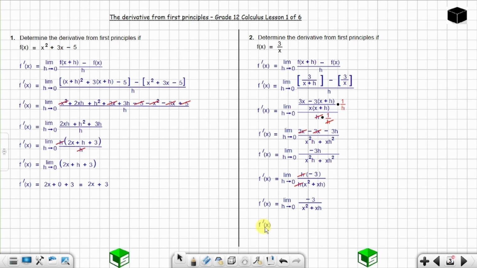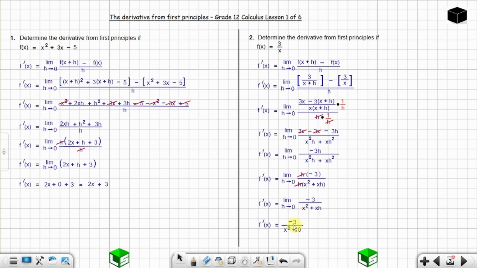So f prime of x is equal to negative 3 over x squared plus 0. When you substitute 0 for h, this is 0 plus x squared, x squared plus 0. So this is not division by 0 because you don't have only 0 at the bottom. So it is possible to substitute 0 for h at this step.